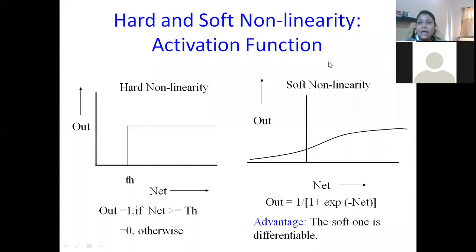On the contrary, we can also expect soft non-linearity. Soft non-linearity means we can expect this kind of output, and you can see it has a similarity with the Gaussian distribution, which we already learned when we completed fuzzy.